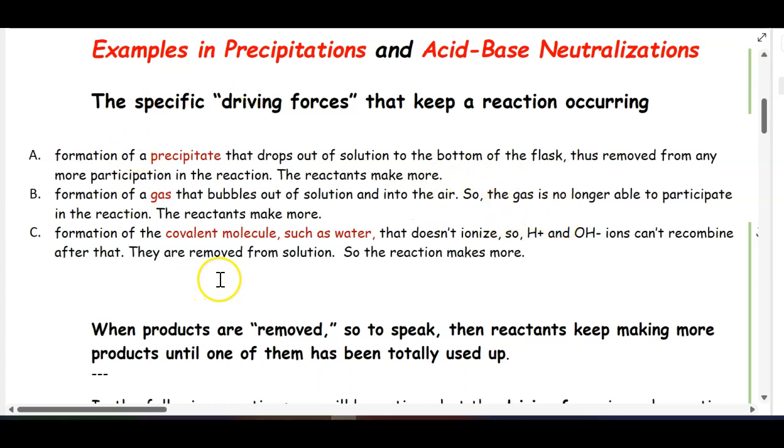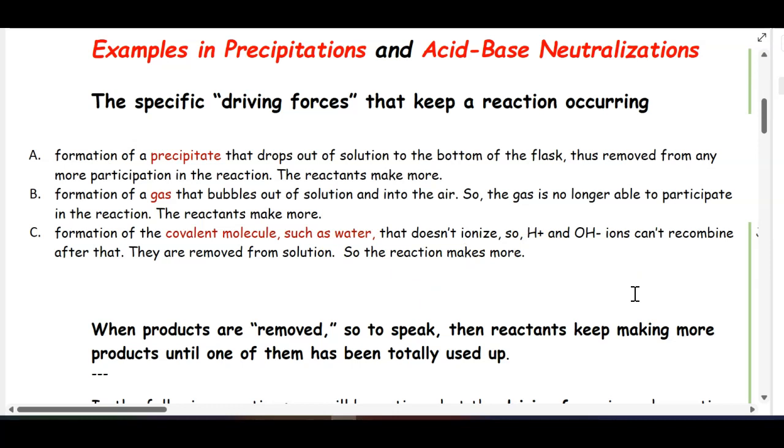The third one, which is the acid base, is a formation of a covalent molecule such as water that doesn't ionize. So the H plus and the OH minus ions can't recombine after that. They are removed from solution, so the reaction makes more.